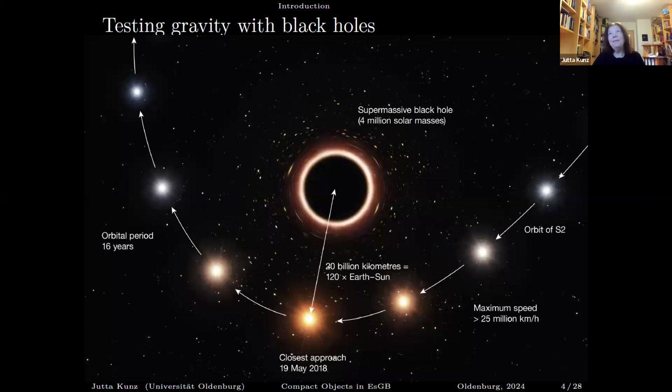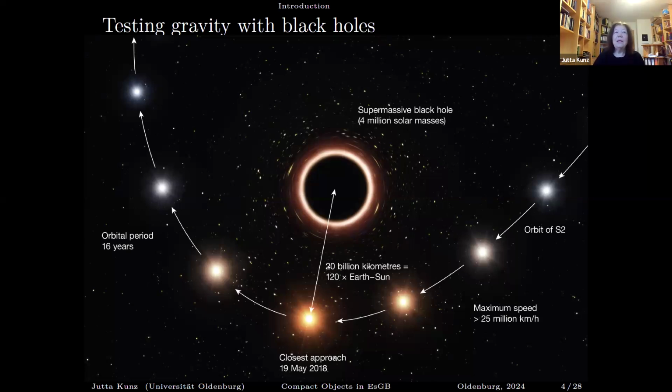Our field is very, very exciting currently, and it's going to be so in the future, because we have all these data now from observations. We have, and are getting, more data from the GRAVITY collaboration and the observations of this GRAVITY instrument in Chile, looking at the black holes in the centers of galaxies and in particular at Sgr A*.